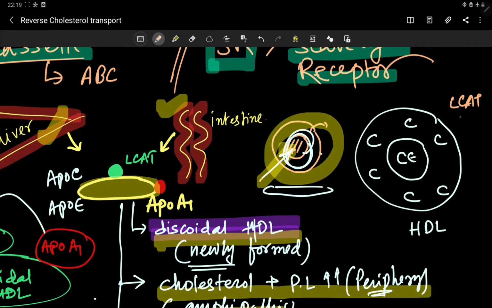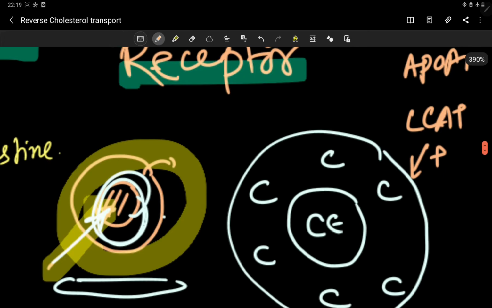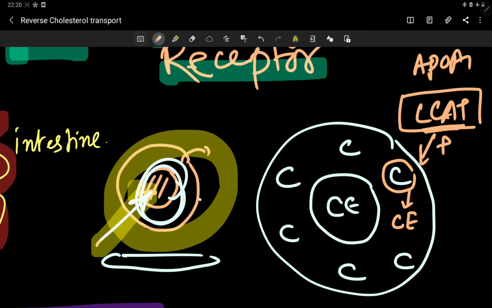When your LCAT enzyme is activated by your ApoA1 protein, then what is the next step? This activated LCAT enzyme is now converting your peripheral cholesterol into cholesterol ester.